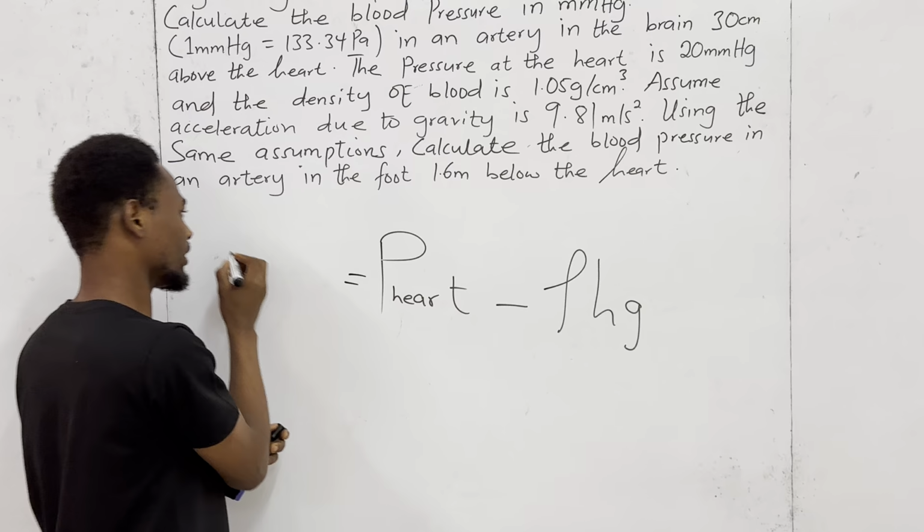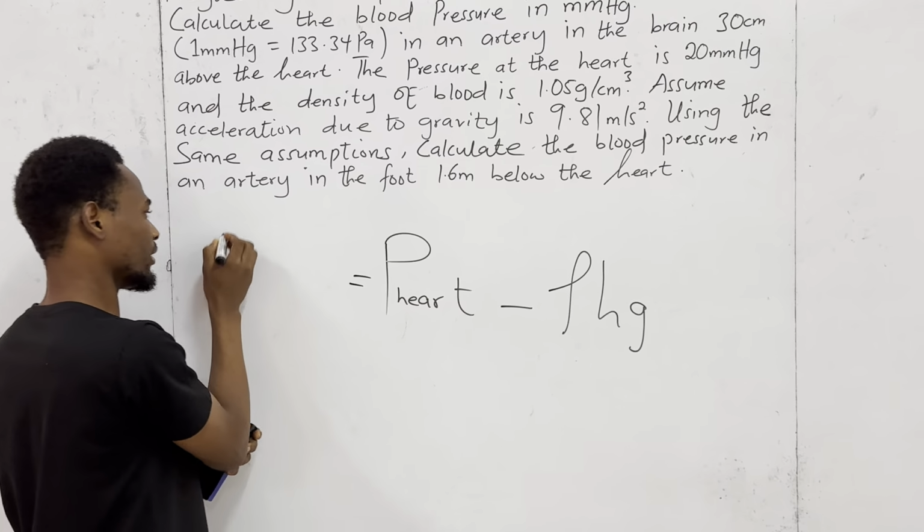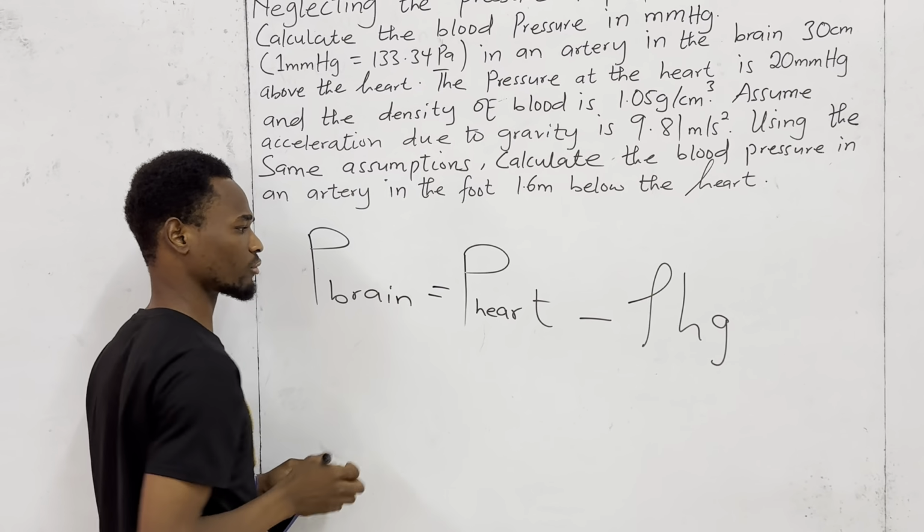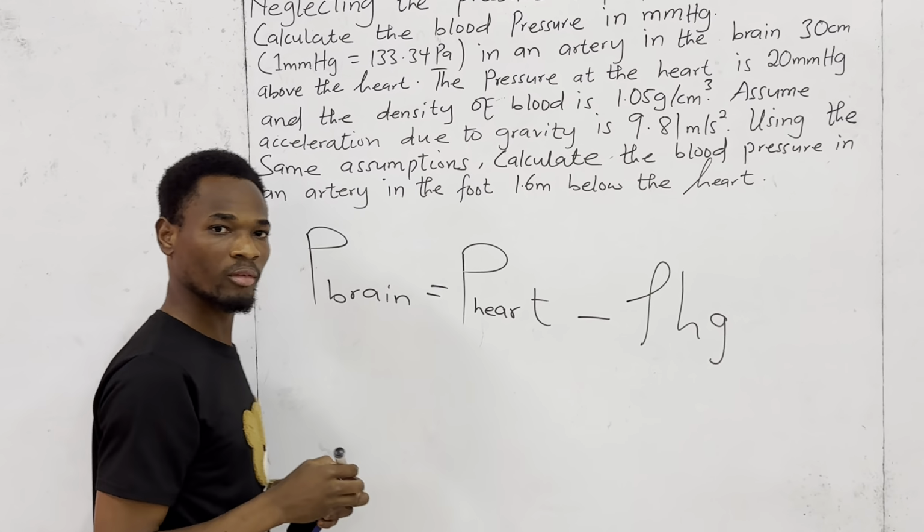And the pressure due to a particular height is given by rho h g, where rho is your density, h is your height or your reference level, and g is your acceleration due to gravity. So if you subtract this pressure from the pressure of the heart, you will get the pressure of the brain. This is one important equation you should take note of.